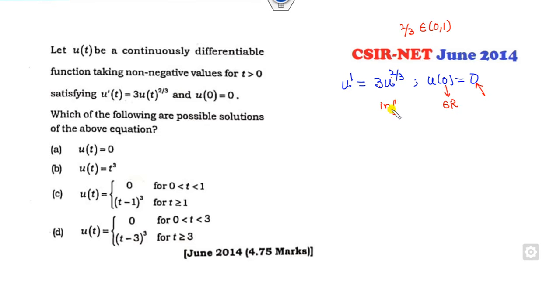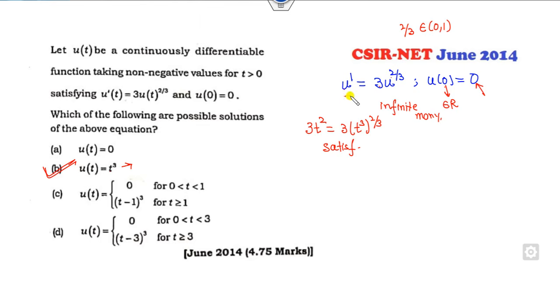It means it has infinitely many solutions. Fine. Now look at which of the following satisfies. We will check firstly this. If it's t cube, the derivative is 3t square. If I substitute here, it's t cube of 2 over 3. So this is satisfied. Fine. So this is a correct option.